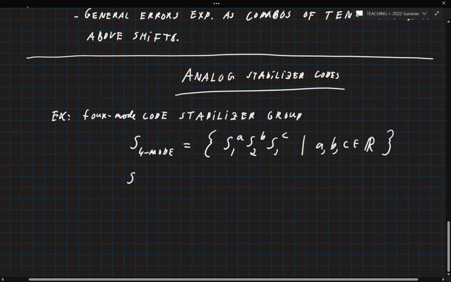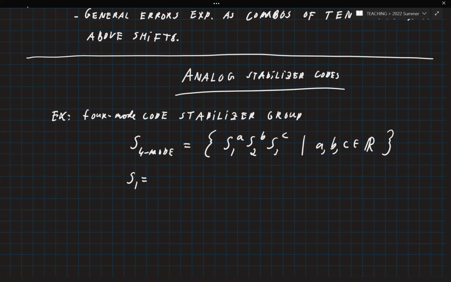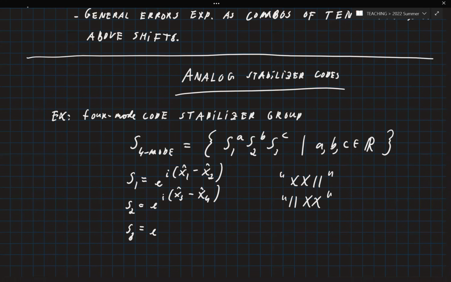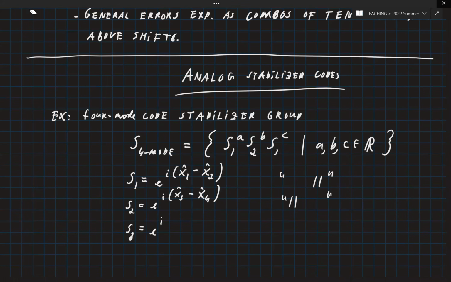And here, the three stabilizer generators are the following. This one's the difference of positions. So this I want you to think of as the analog of the XXII stabilizer generator for the 4-qubit code. This one, you maybe guessed, is the analog of the IIXX. And the third one is the analog of the ZZII. This one will be the 4 X's.